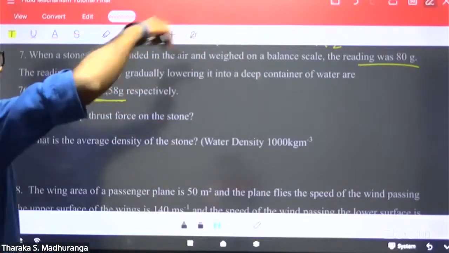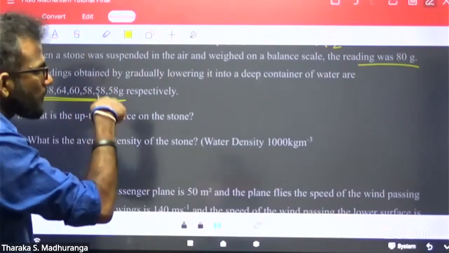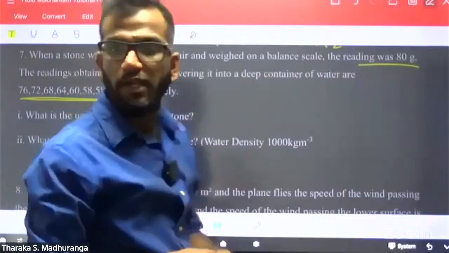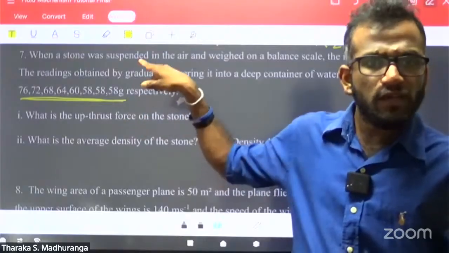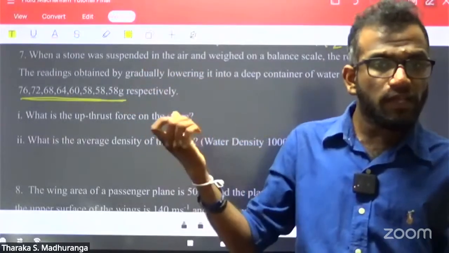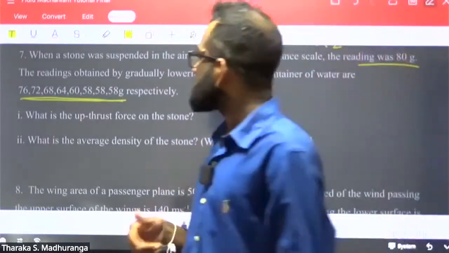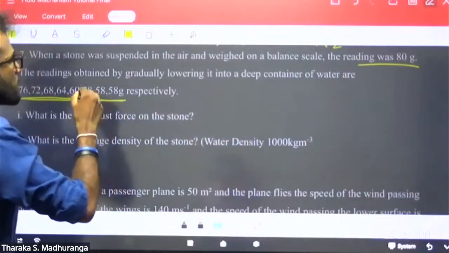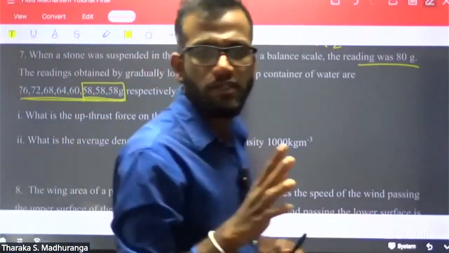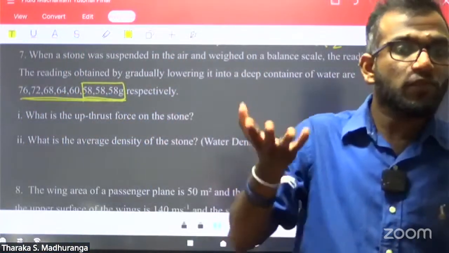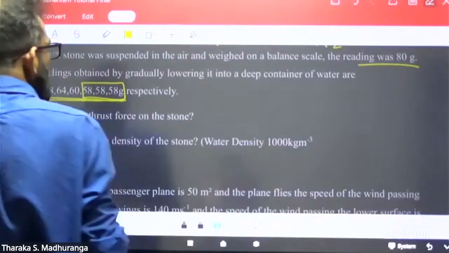You can see the scale reading gradually decreasing, which means the upthrust force is increasing. After some time it is constant, 58, 58, 58. That is the maximum upthrust force that can act on this object.